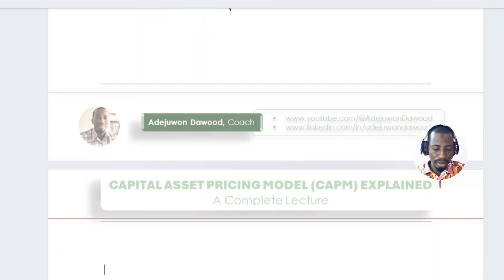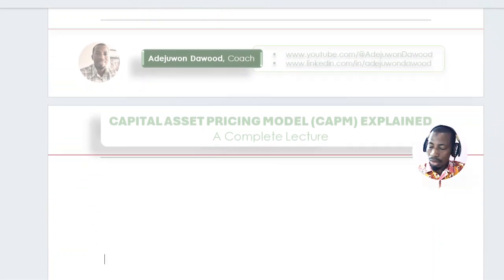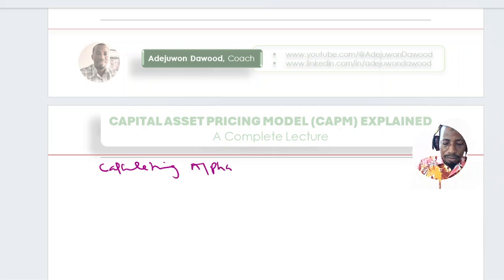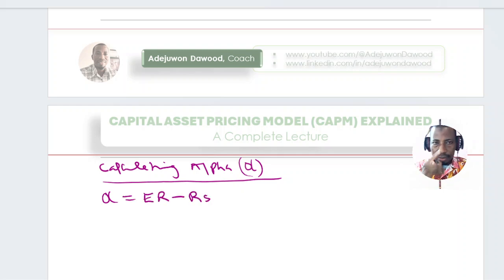So let's quickly do that. Calculating alpha, denoted as this, and I said alpha is calculated as expected return minus the required return of an asset.